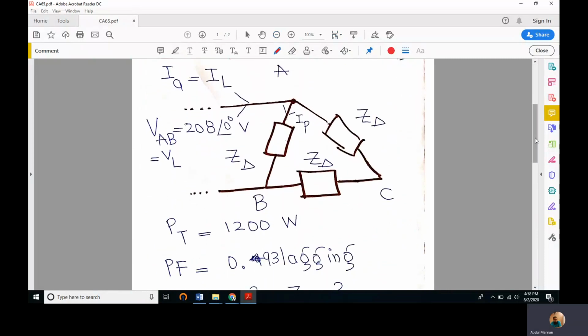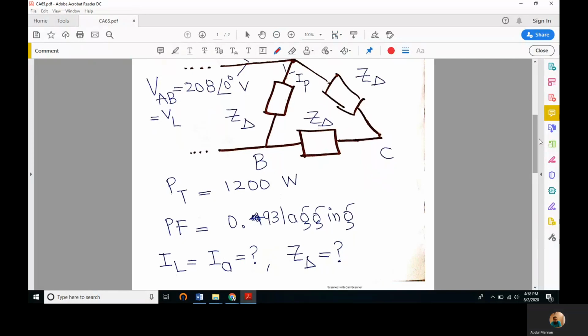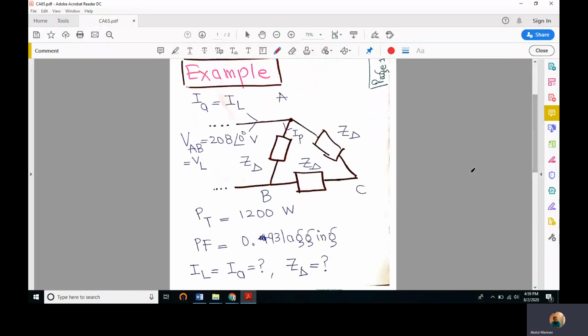We are also given that the total power in all three phases is 1200 watts, and the load is 0.93 lagging in each phase. We will have to find the line current, which we can also represent as IA.